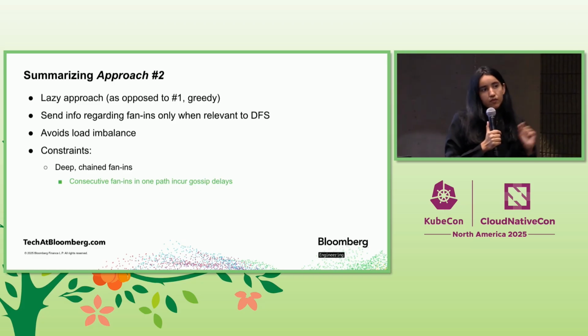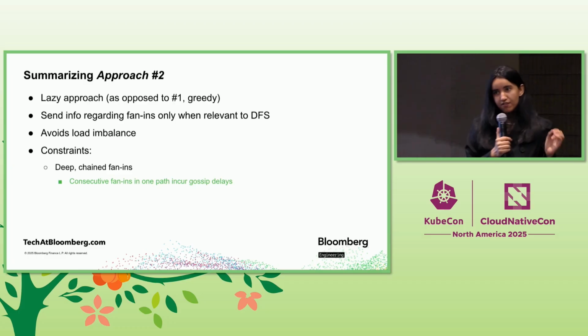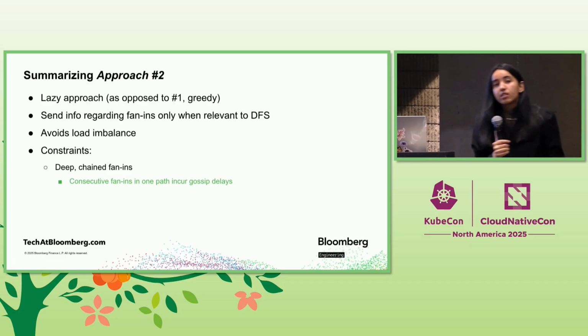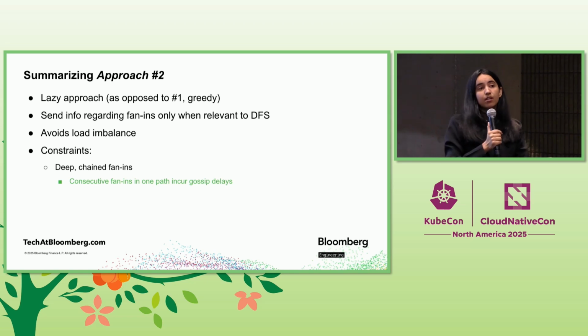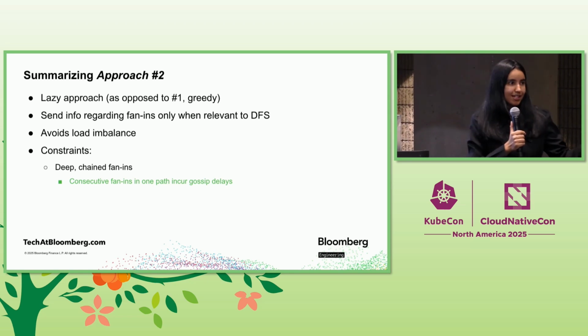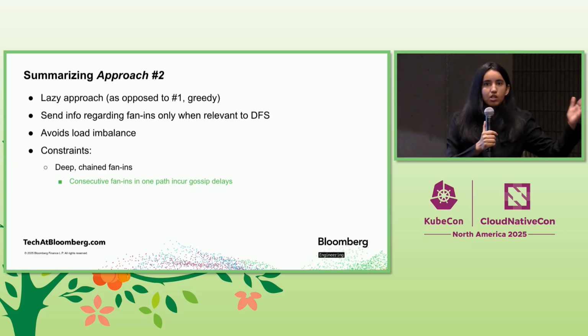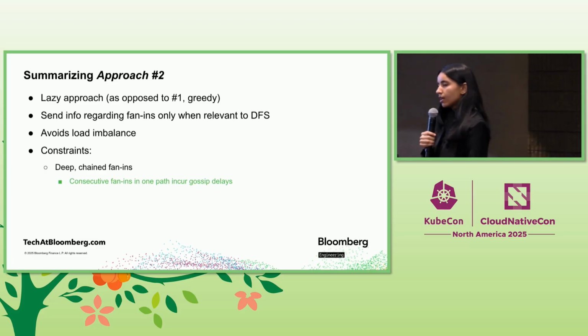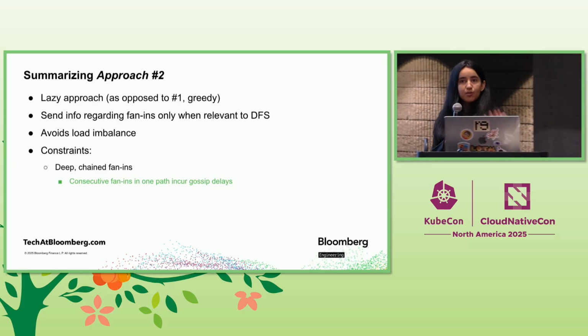However, one of the constraints of this approach is if you've got really deep chained fan-ins, which means on one DFS path, you encounter multiple fan-ins, which can then mean many gossip messages sent over Kafka and those delays. OK, so that was approach number 2.